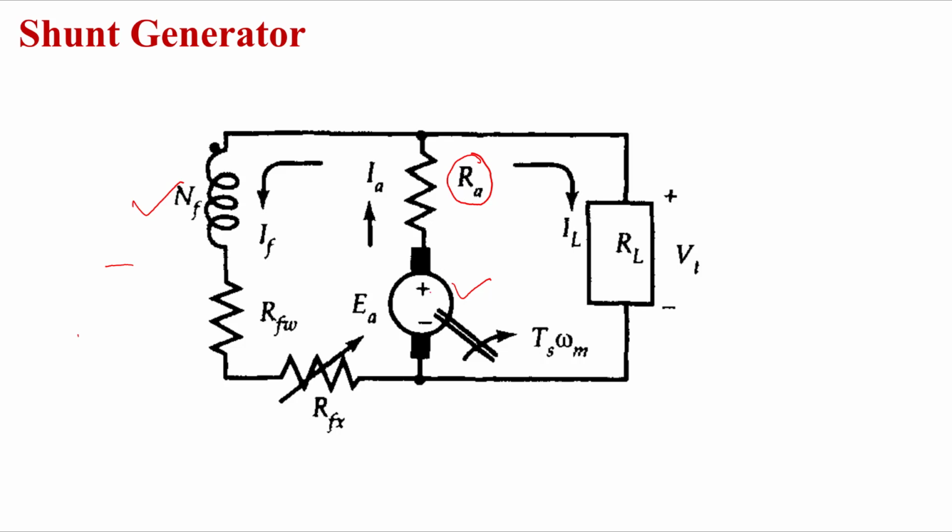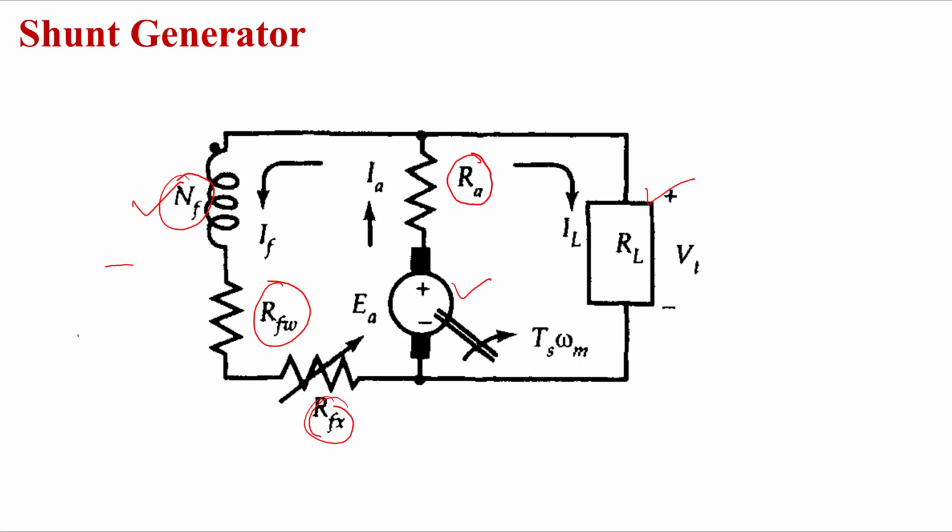Okay, and NF is the number of turns in the field winding, and RFW is the resistance of the field winding, and RFX is your variable resistance connected in series with the field winding, right? And RL is your load.